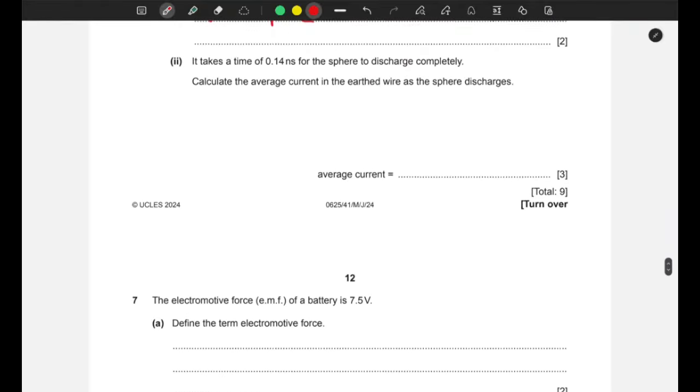Part 2. It takes a time of 0.14 nanoseconds for the sphere to discharge completely. Calculate the average current in the earthed wire as the sphere discharges. Alright, so current I is Q over T. Q is the charge, T is the time taken.